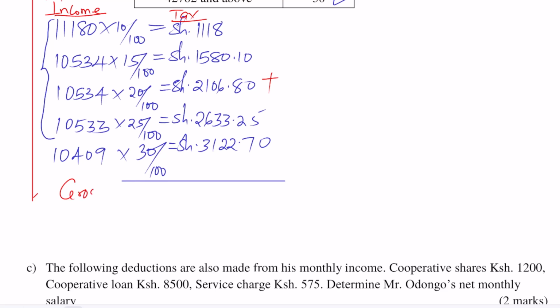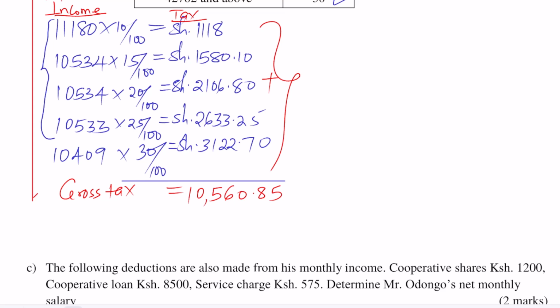That should give the gross tax. So you simply add everything there, and that one will give 10,560 and 85 cents. So that is the gross tax.